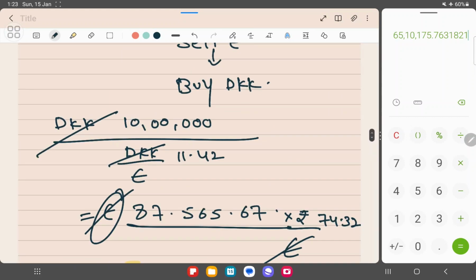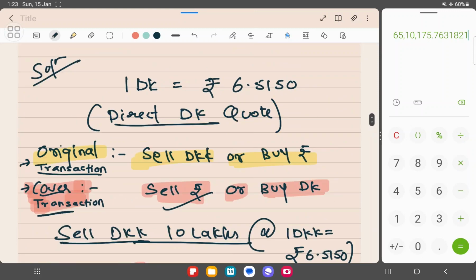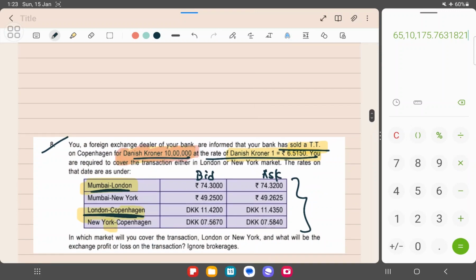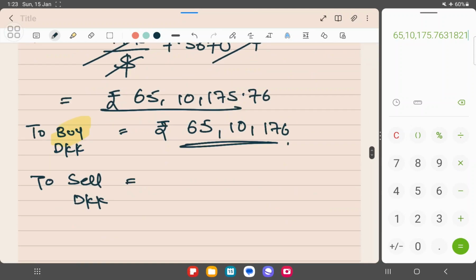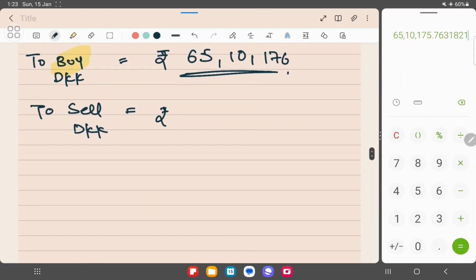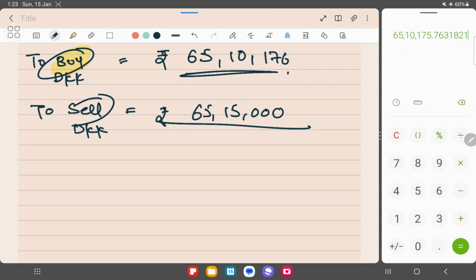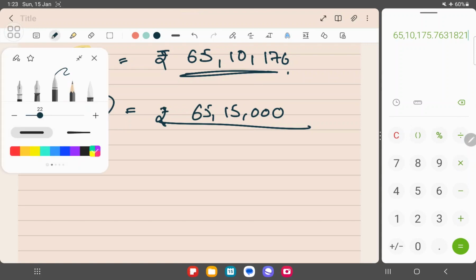See the initial question, this one. Sold DKK 10 lakh at the rate 1 DKK is 6.5150. We've already done this. So this is rupees 65 lakh 15,000. Correct. Now we have bought at a lower amount, 65 lakh 10,176, and we are selling it at 65 lakh 15,000. So obviously it's a profit.